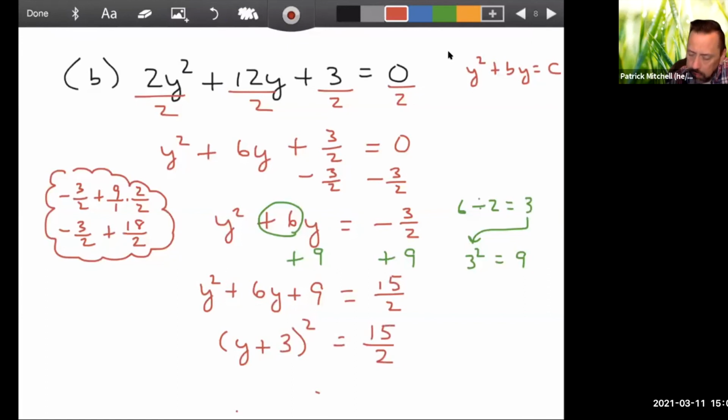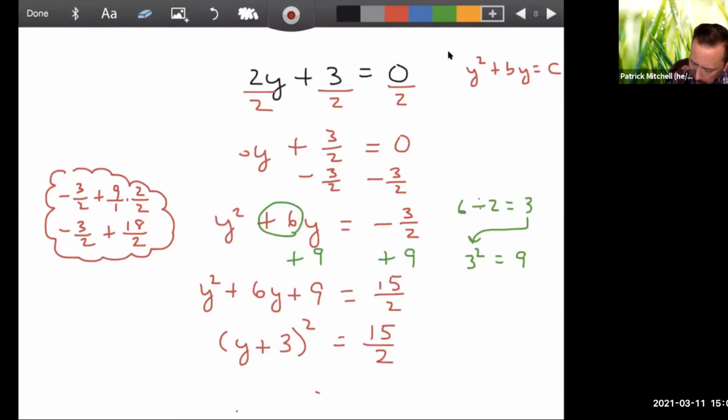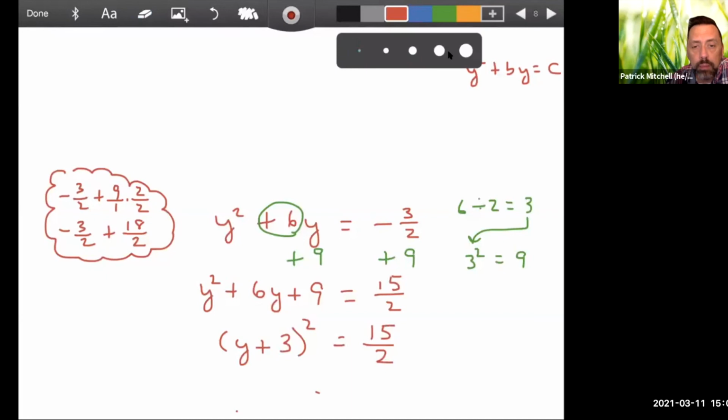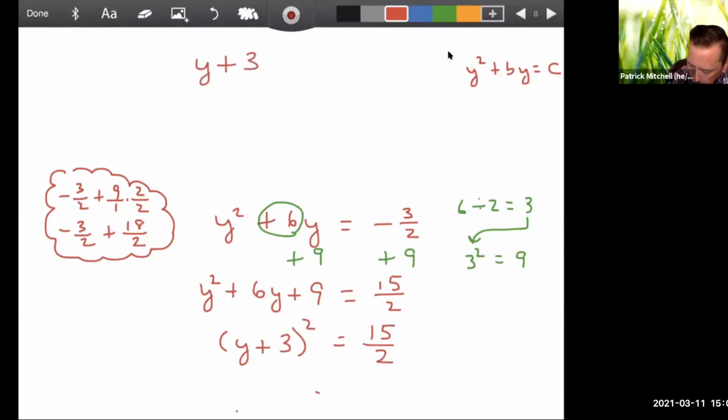All right, so using the square root property, I think I'll just make some room up here. If the square of y plus 3 equals 15 halves, then that means y plus 3 has to be the positive or negative square root of 15 halves.